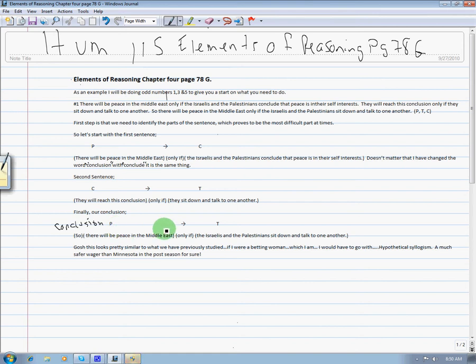Again, I have only if, I put my connective there. And I mark the Israelis and Palestinians sit down and talk to one another. Gosh, this looks pretty similar to what we have studied previously. If I were a betting woman, which I am, I would go with hypothetical syllogism, a much safer wager than Minnesota in the postseason for sure. So there you have it, and that is number 1.